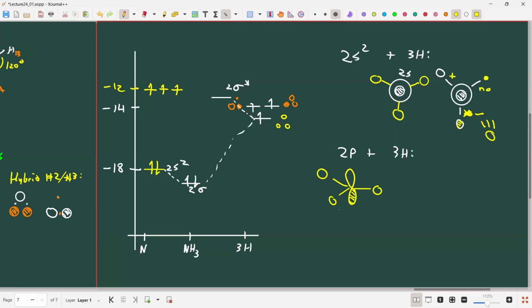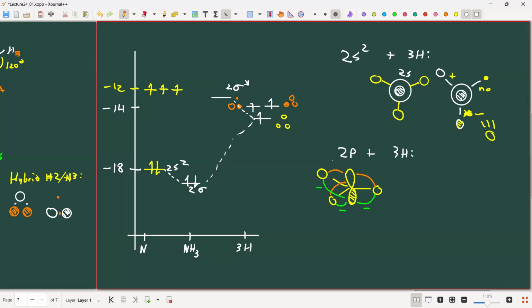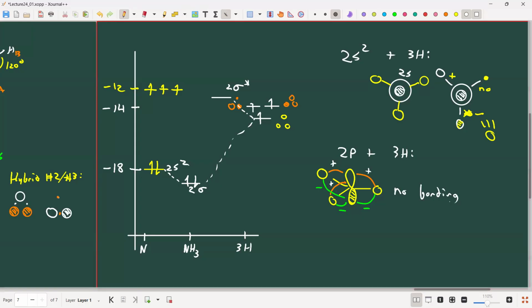Notice that this one has no net bonding interaction, right? Because each of these atoms interact with the top lobe and then cancel out with the bottom lobe. So the even interaction has no bond with this 2p orbital. Right? So I'm going to create a new combination that is effectively non-bonding, which is this combination here.